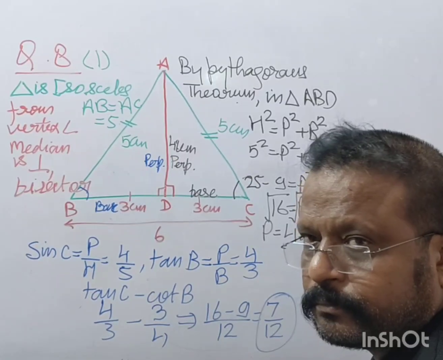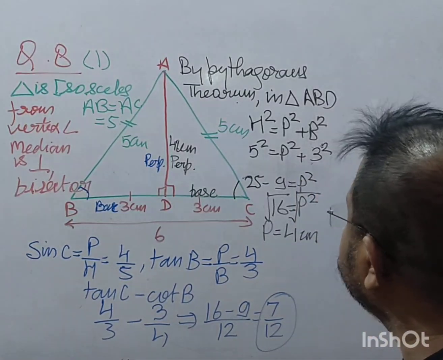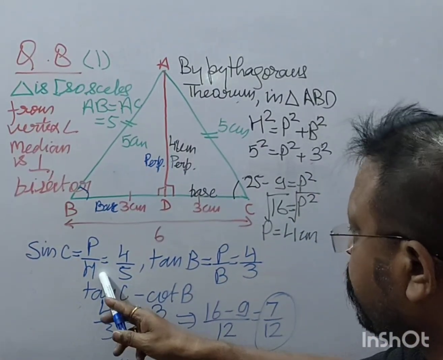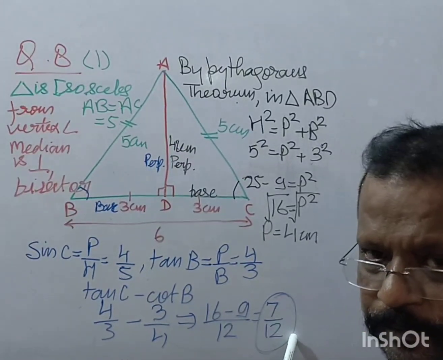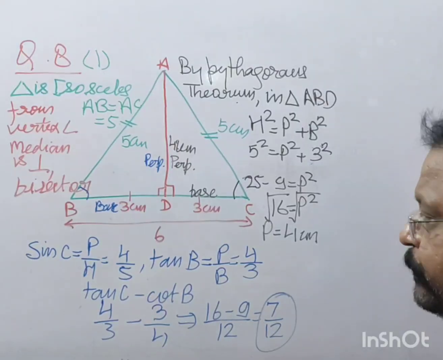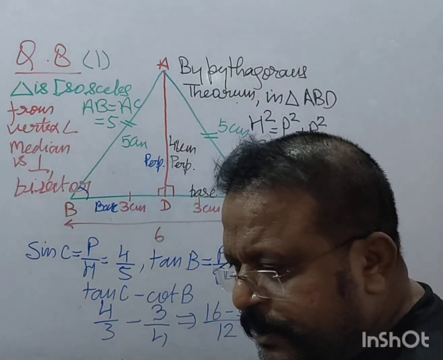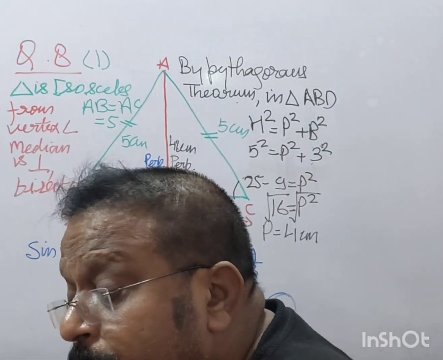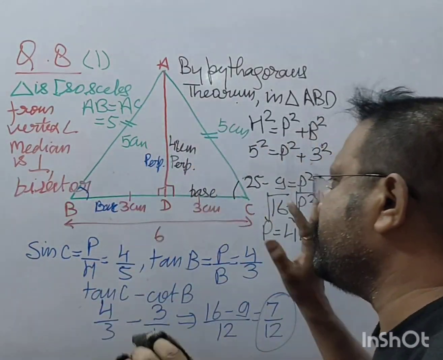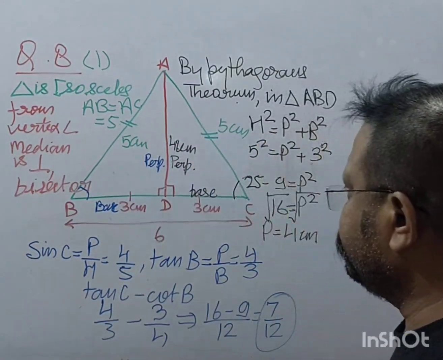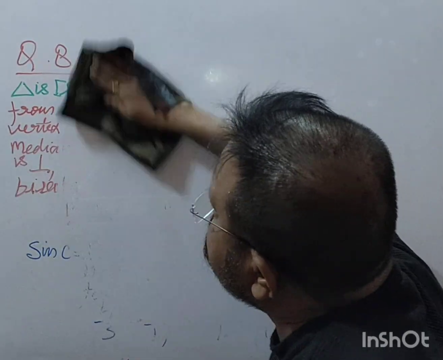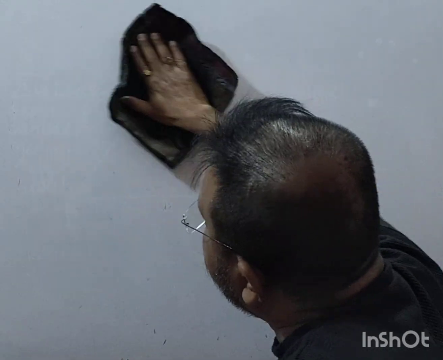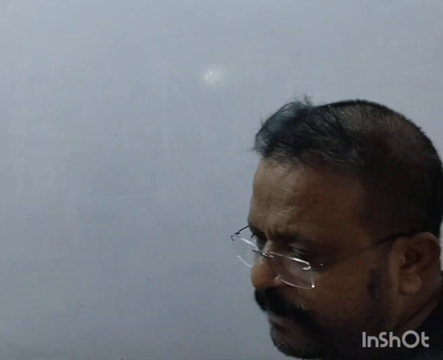So the first was 4 by 5, then 4 by 3, and 7 upon 12. You get that? Okay. So nothing you have to do in this type of question, just find out which is perpendicular, which is base, and which is hypotenuse.